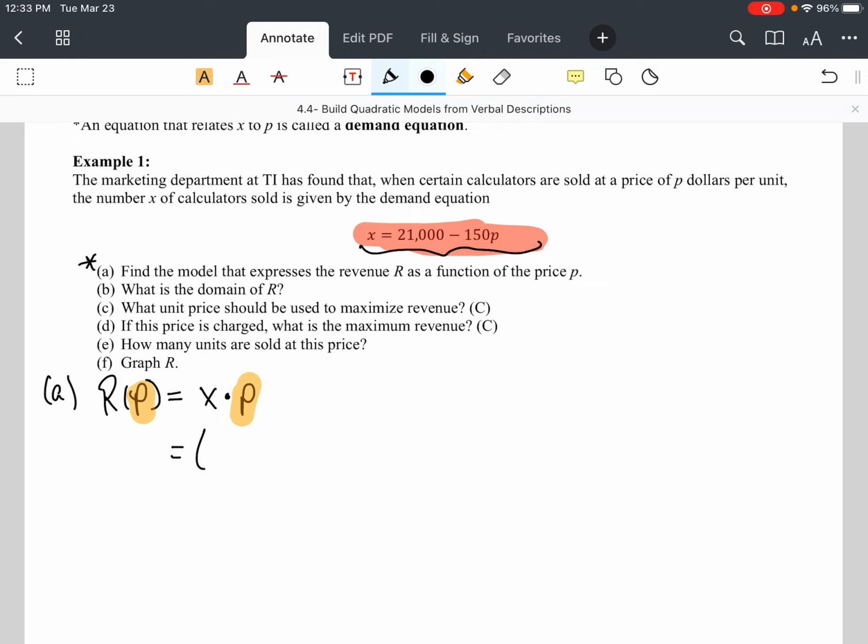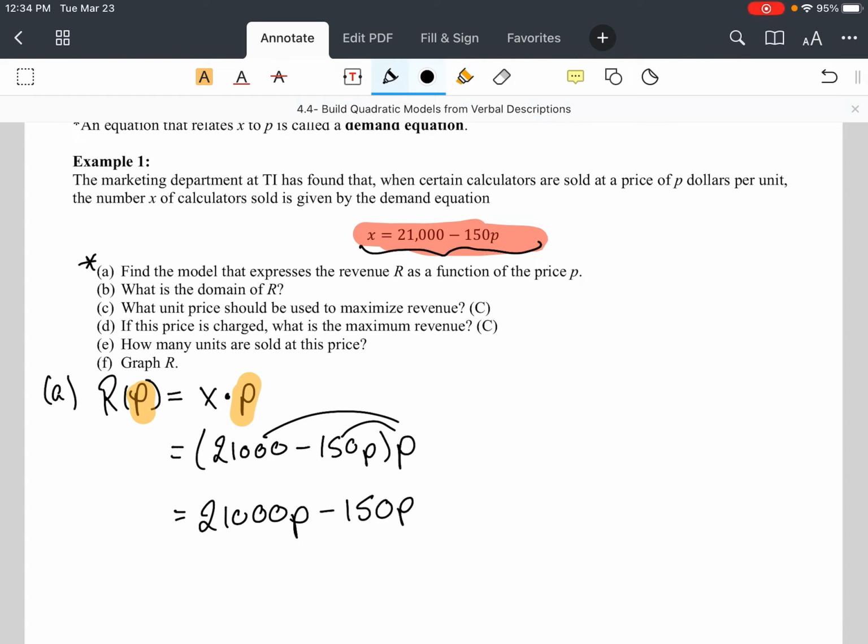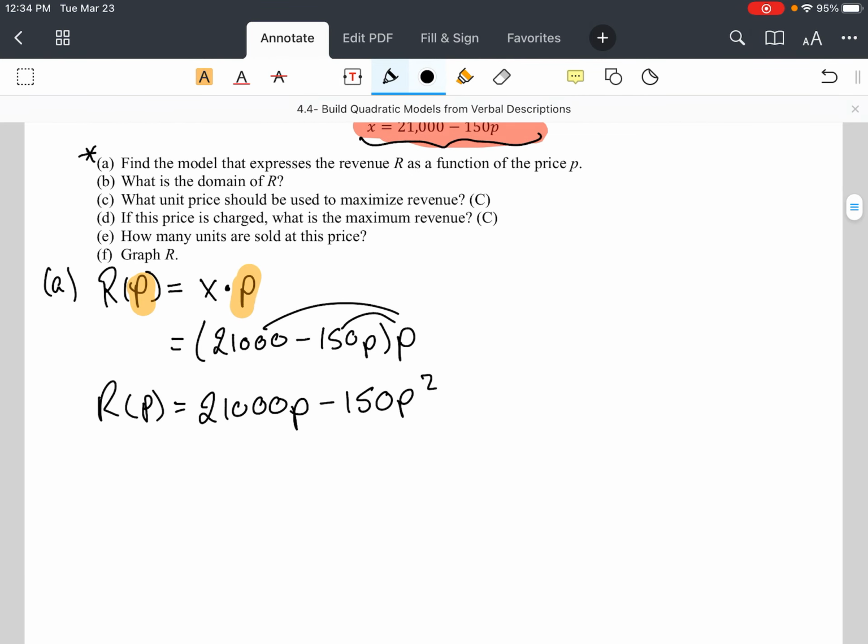I'm going to replace my X with 21,000 minus 150p, times P. Now, remember to make sure you're putting these parentheses because those are extremely necessary, because we are going to have to distribute this P into the parentheses here. Okay, so let's go ahead and do that. So we have 21,000P minus 150P squared. Okay, so this is our revenue function as it relates to P.